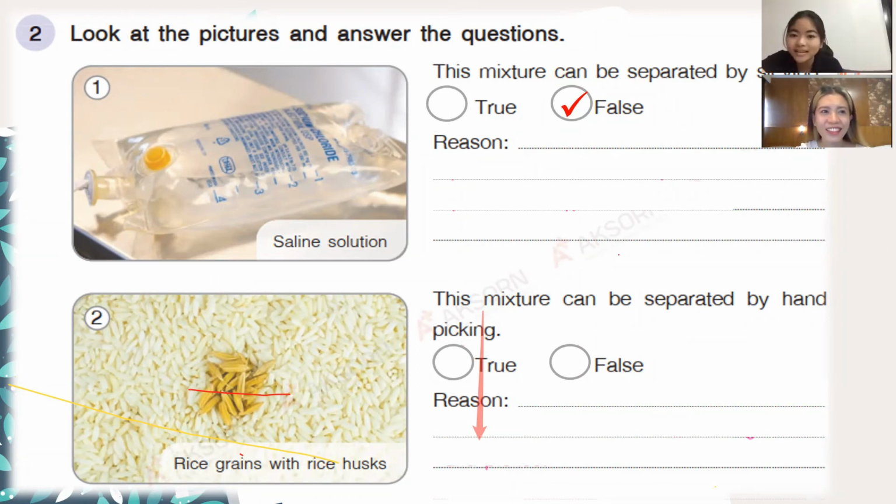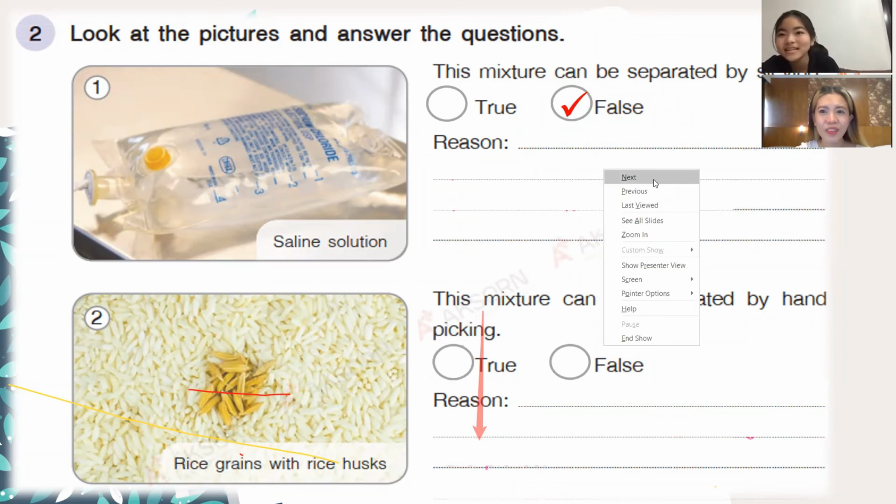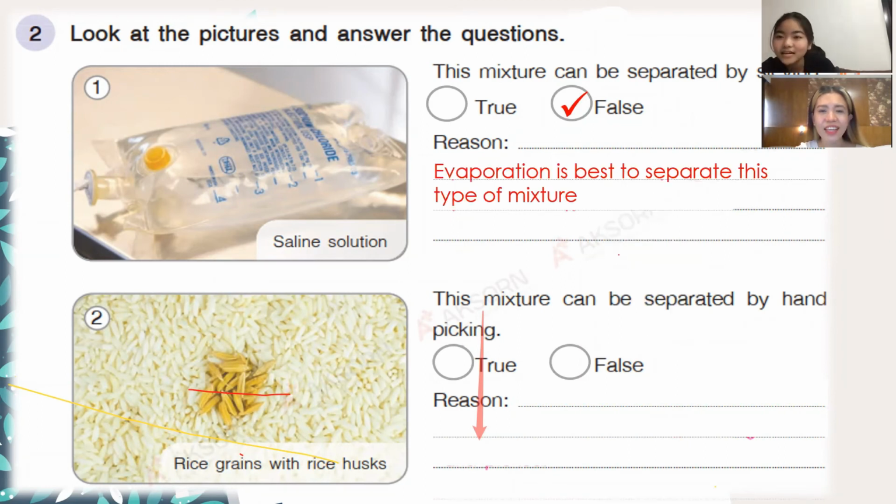Evaporation is best to separate this type of mixture. Or it can also be sublimation. Because when we heat this saline solution, the water will evaporate and the salt will be left behind.